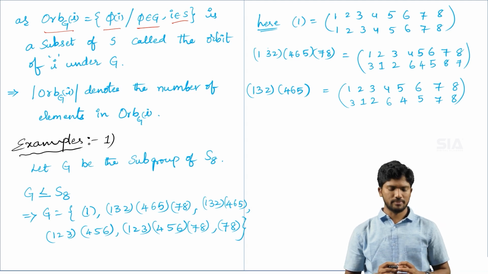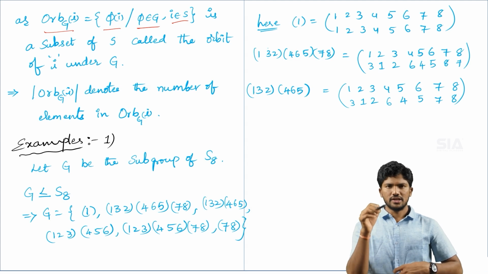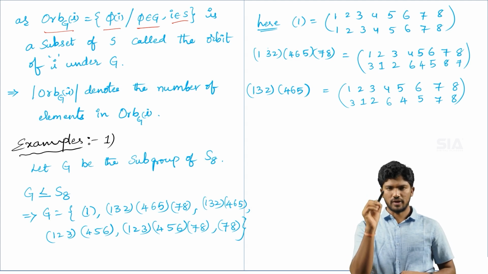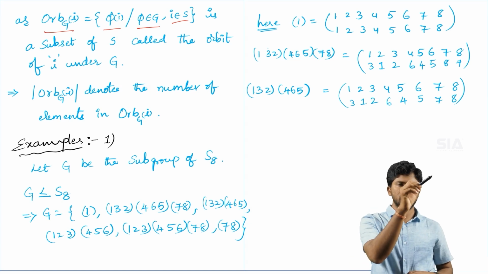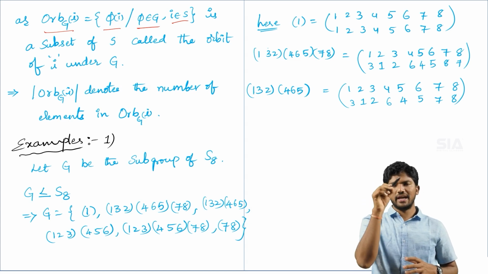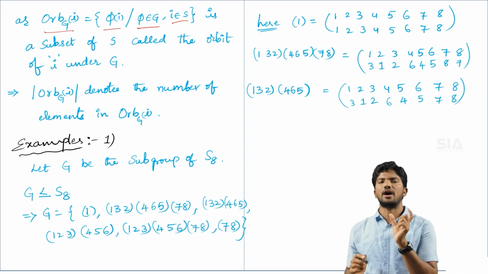Here orbit is nothing but this: while taking the values of the permutation, for example, if you start with 1 to 2, then in the next permutation 2 to 4, in this format, wherever that cycle ends, the total cycle is called one orbit.